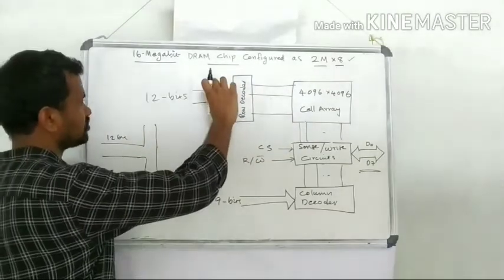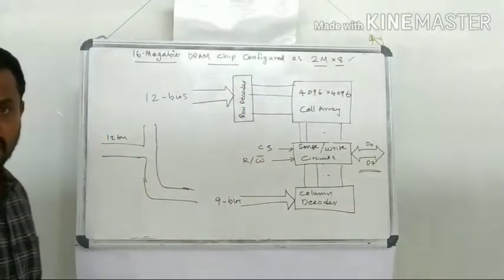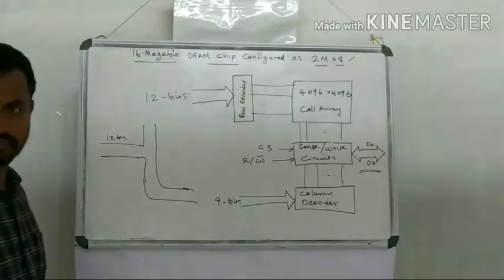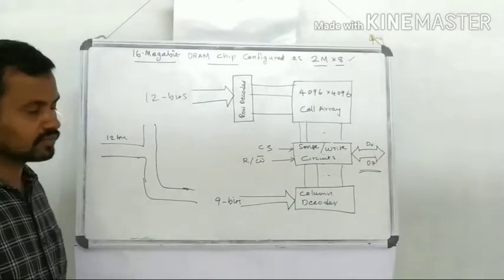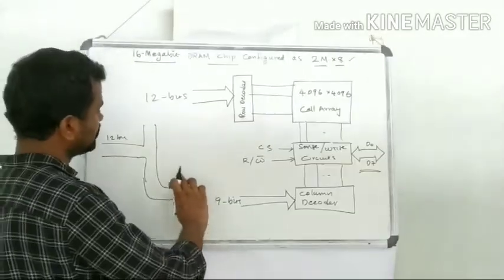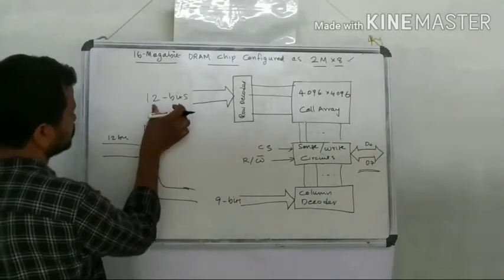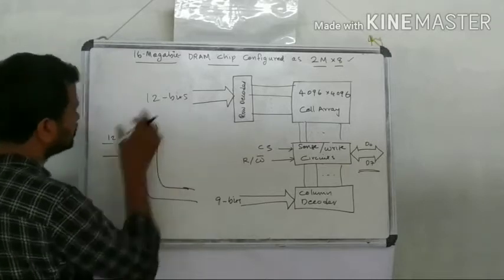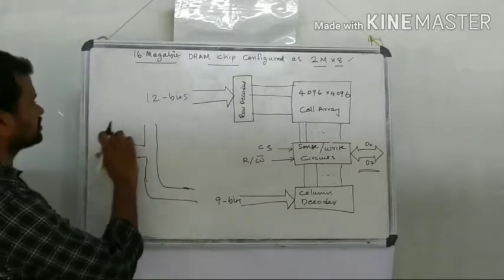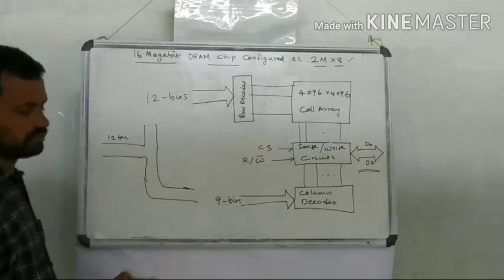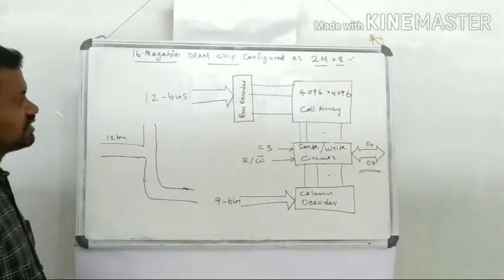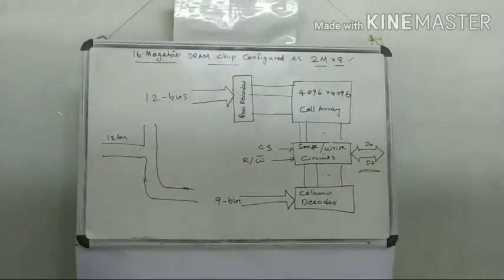We can call this the row address and this the column address. Which one is maximum? Here 12-bit is maximum. So this 12-bit bus can be used for transferring both the row address and the column address.